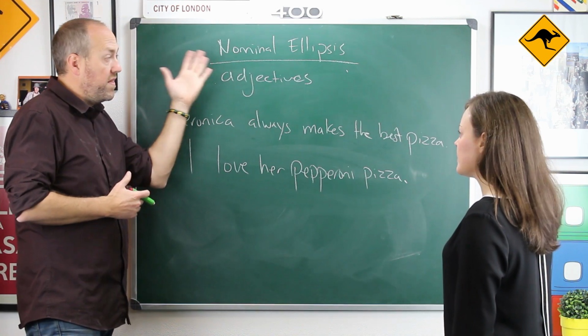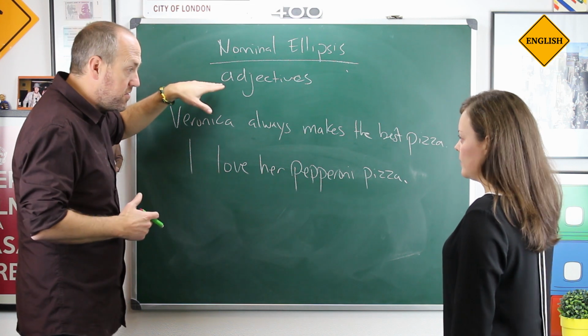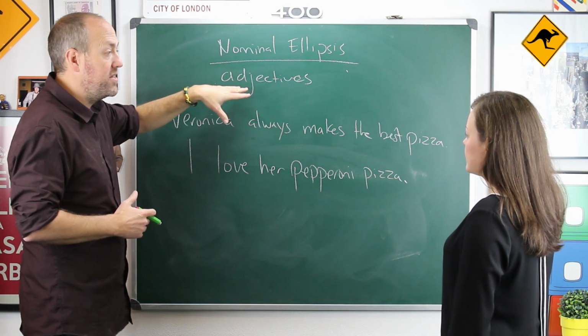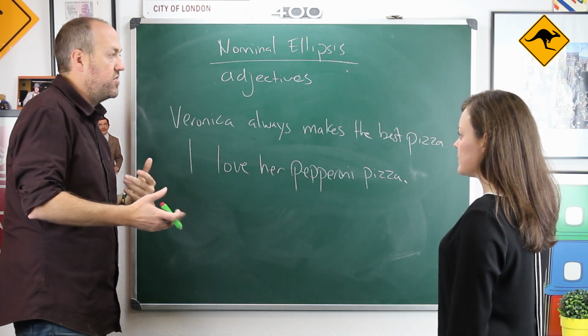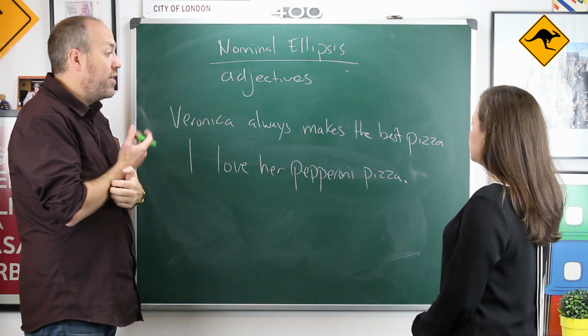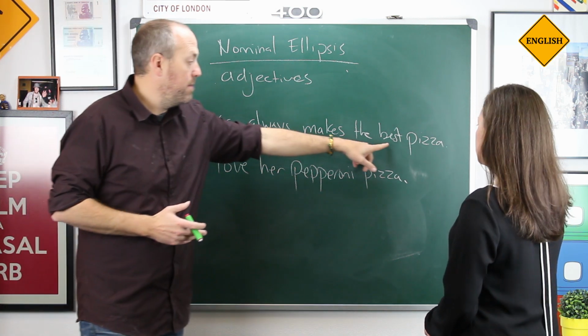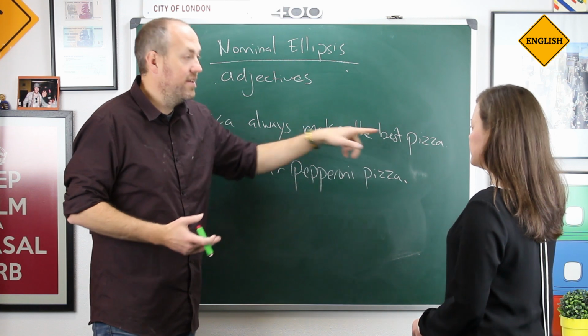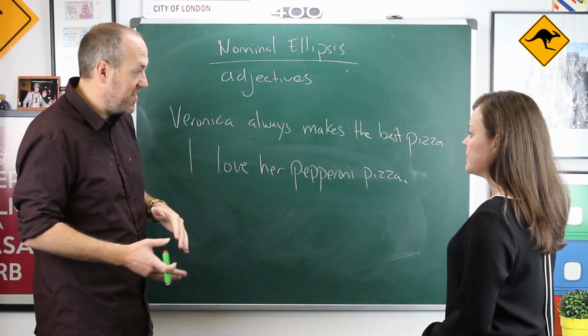Also with nominal ellipsis, we can eliminate nouns that have adjectives, like normal adjectives, like fast or beautiful or happy, and also superlative and comparative adjectives like the best, good, bigger, biggest, fast, faster, fastest.